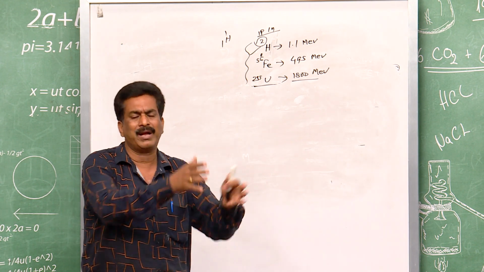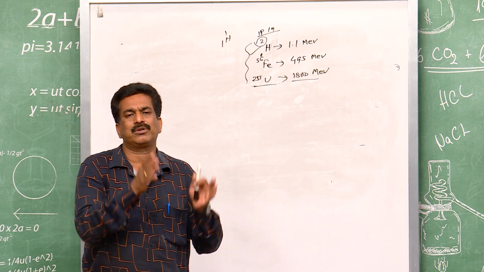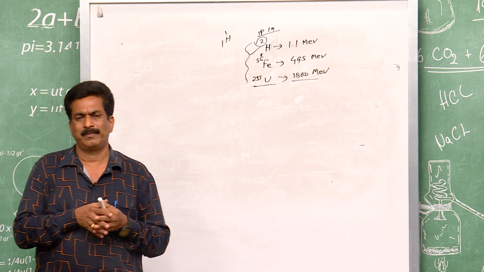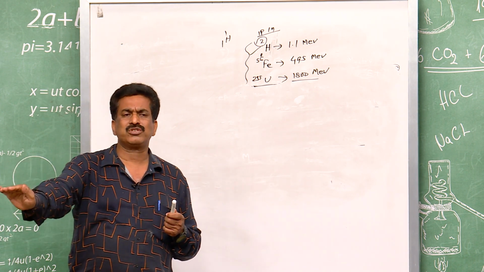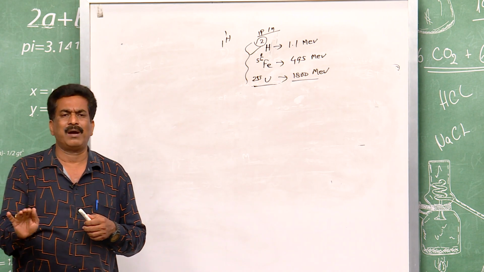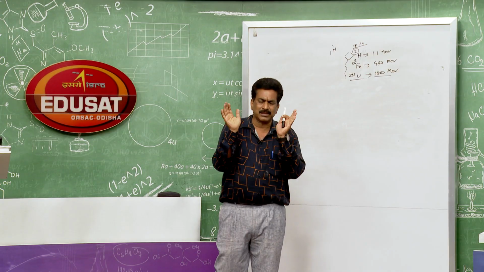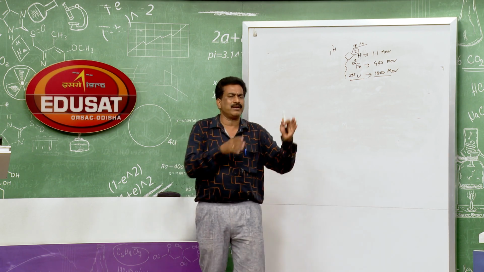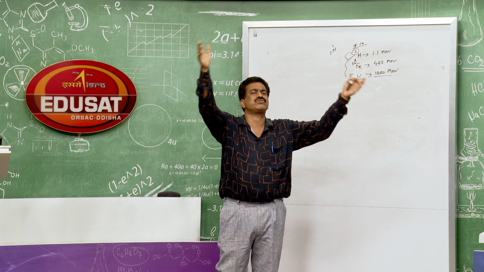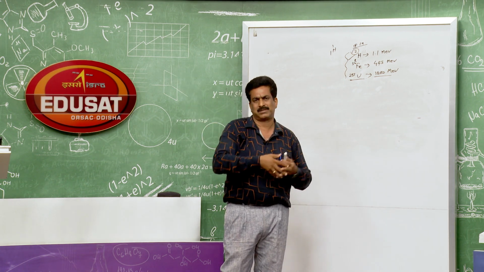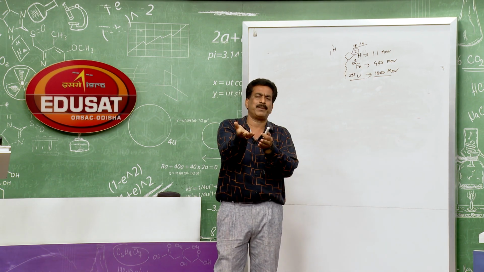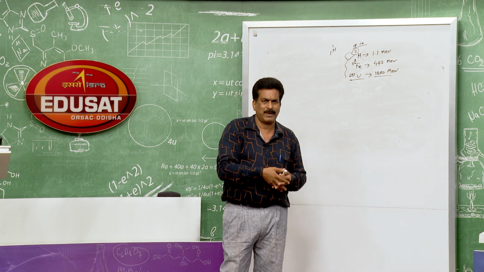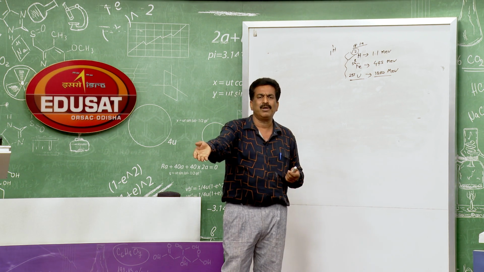Suppose that is the big house and they have 50 members and 6 rooms, but there is a very small house with only 3 persons. Means the 3 persons are in a room, but here it looks like the bigger one with 6 rooms, but there are 50 persons. So with 50 persons in 6 rooms, per room there will be nearly 8 persons, but in the small house there are only 3 persons.